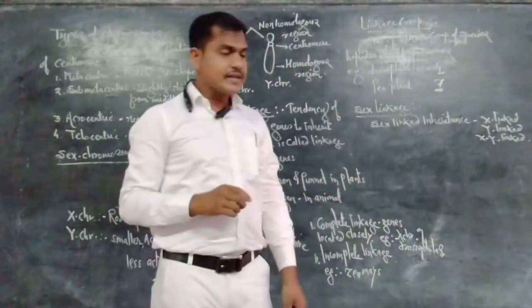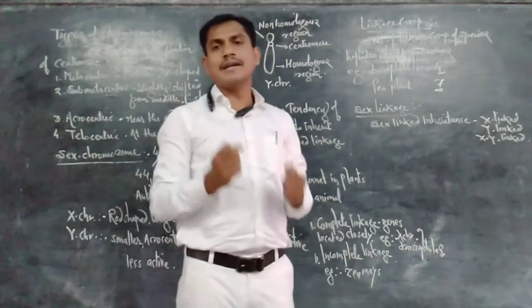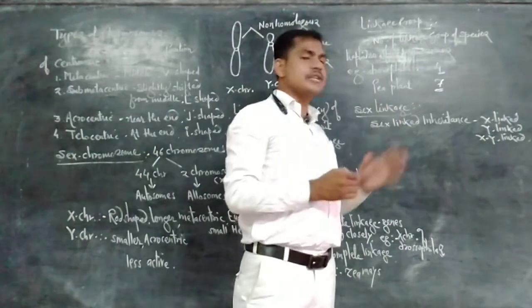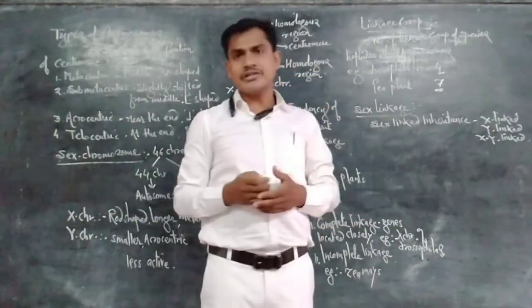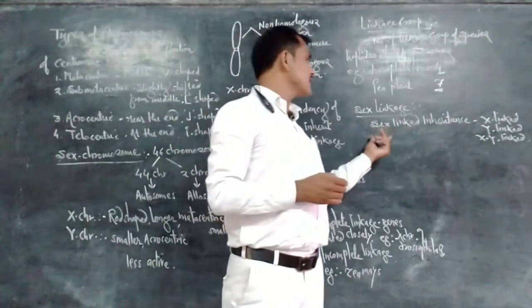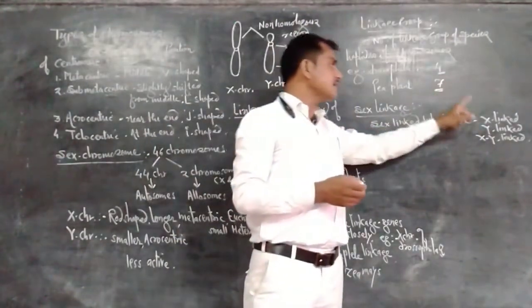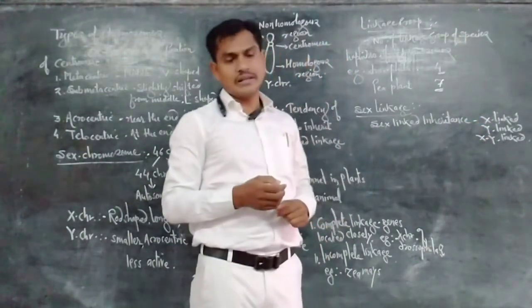The group of genes present on the sex chromosome have a tendency to be forwarded together. This is sex linkage, and the inheritance is sex linked inheritance. Sex linked inheritance is of 3 types: X linked, Y linked, and XY linked inheritance.